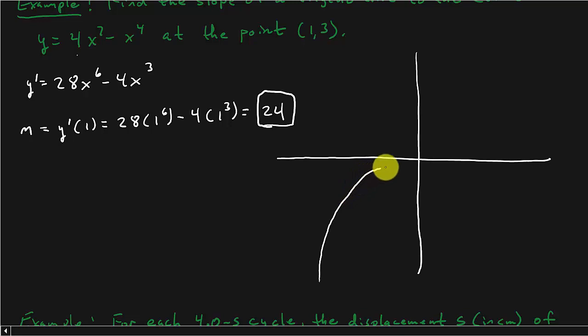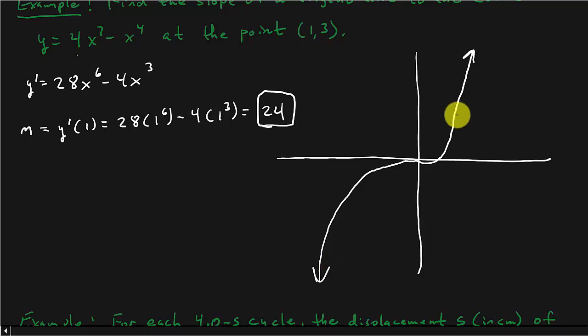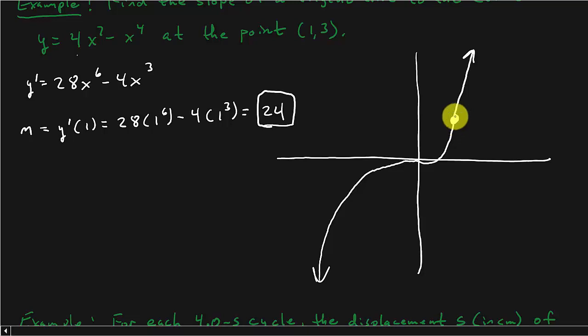It's going to look something like this. The graph looks something like that. And you take the point (1, 3), that's going to be the point right in there. It's nothing accurate, but this is about what the graph looks like.